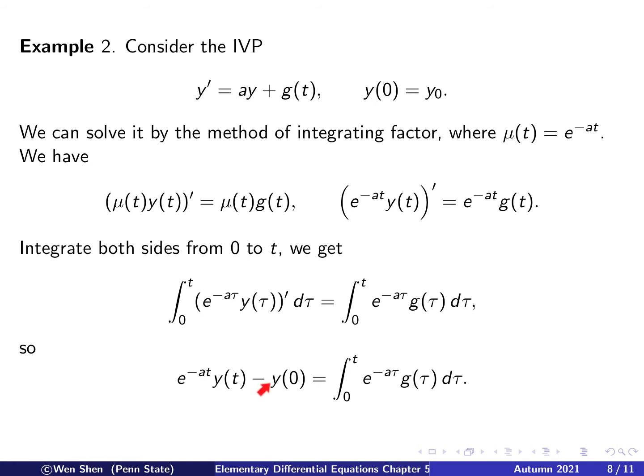And here e to the 0 is 1, so it's just y naught. The right hand side is not changed. Then we can move this to the right hand side and solve for y of t.